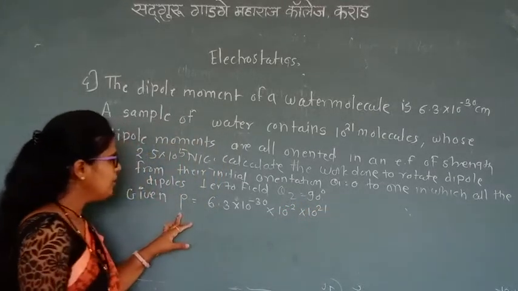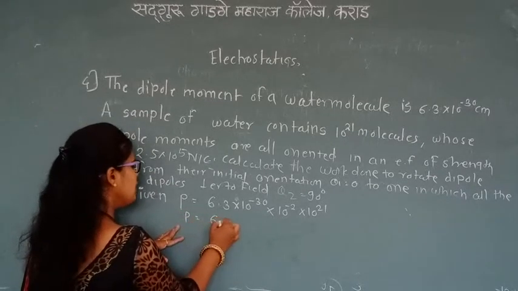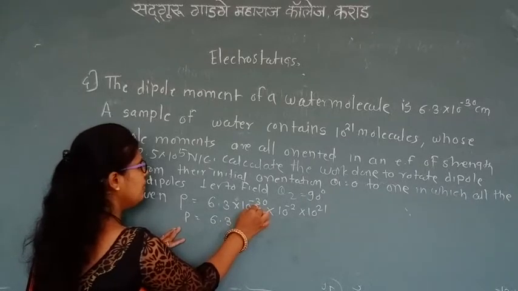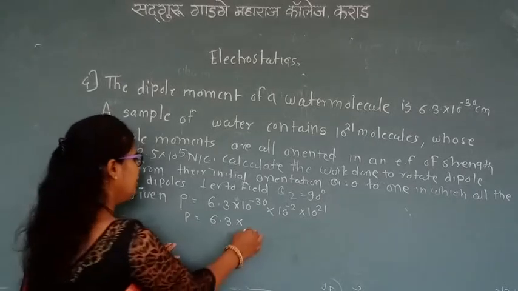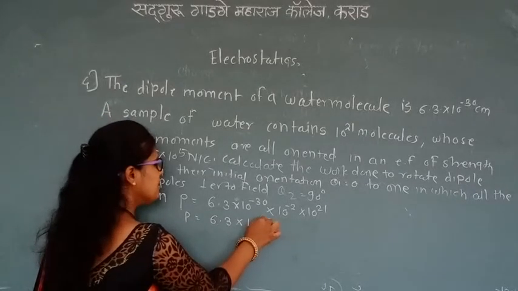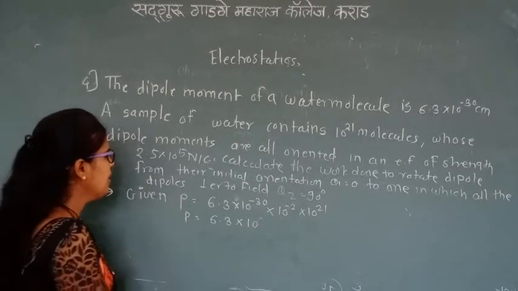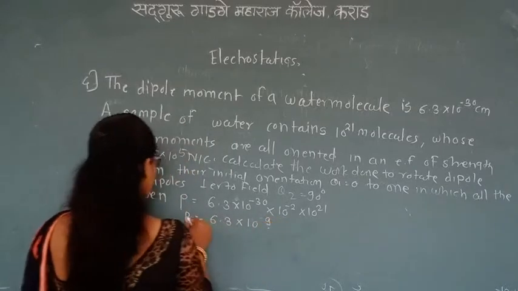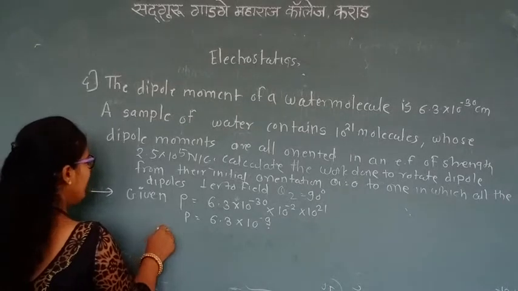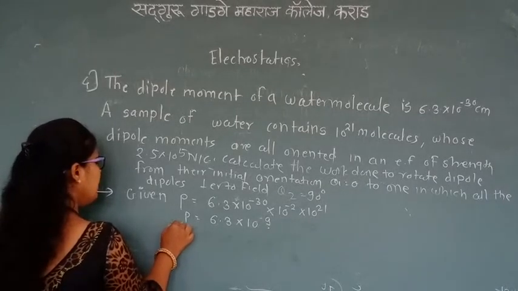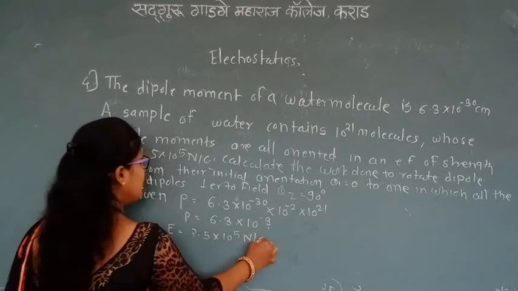This value converted into meter, we get P as 6.3 into 10 raised to minus 9. This P value is given, and one more quantity is given here, that is the electric field strength E, 2.5 into 10 raised to 5 Newton per coulomb.